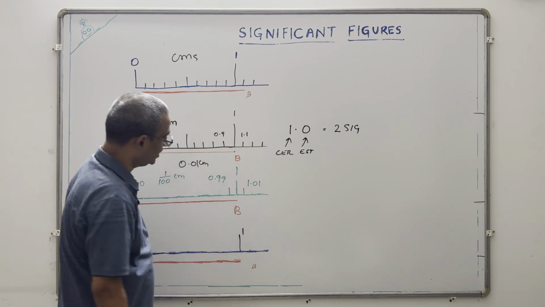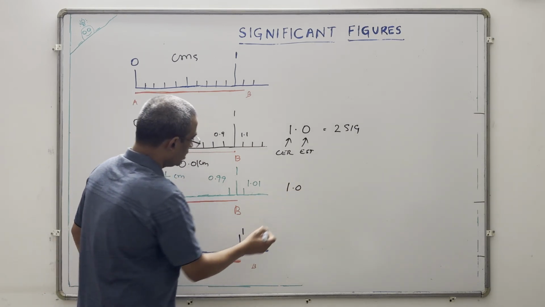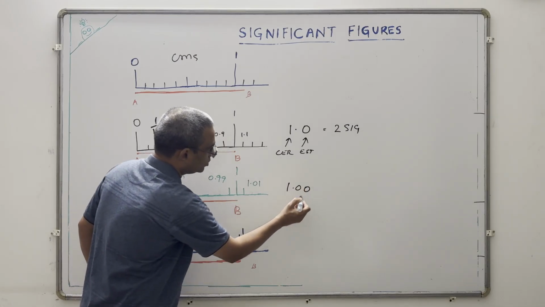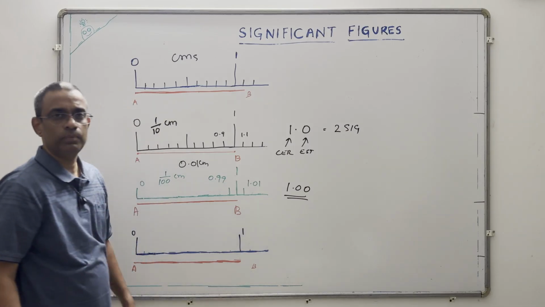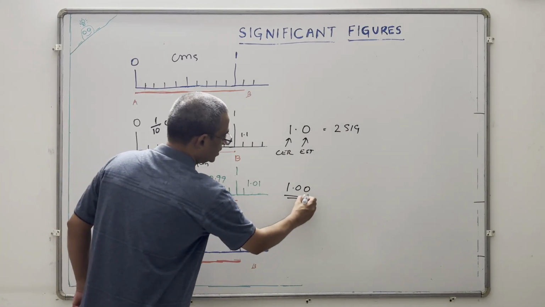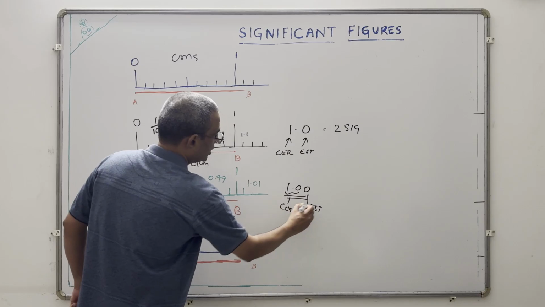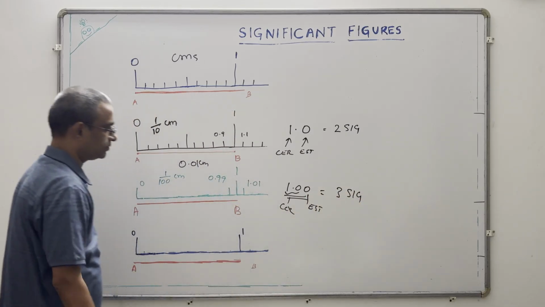And if it ends here, now my estimate is 1.0 and another 0. This is the guess. So here we have 1.00 centimeters, and this is the estimated one and these two are the certain. Here we have three significant figures.